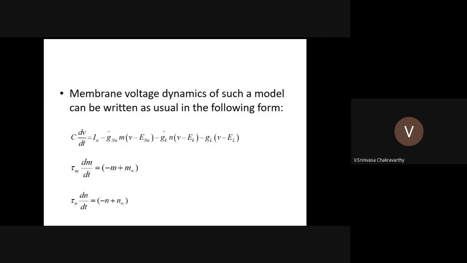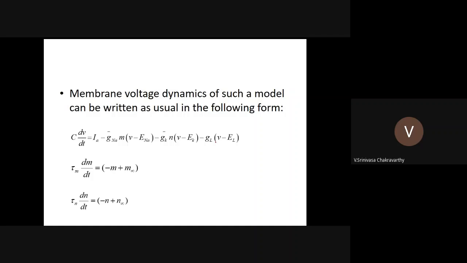The voltage dynamics is simply given, just like in the standard form, by g_Na bar times m, and in the original Hodgkin-Huxley you have three activation gates and one inactivation gate, but here there's only one activation gate, so there's only m, not m cubed. Similarly, g_K bar times n, and g_L.